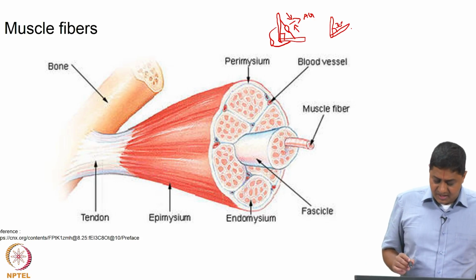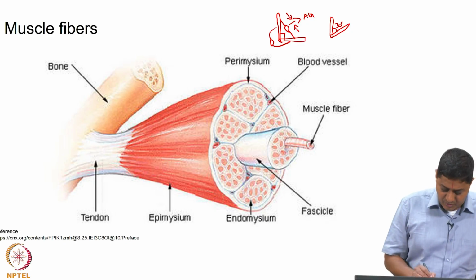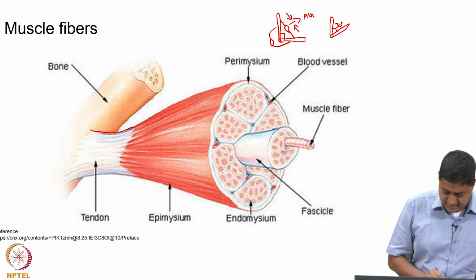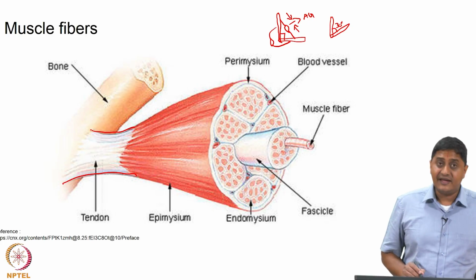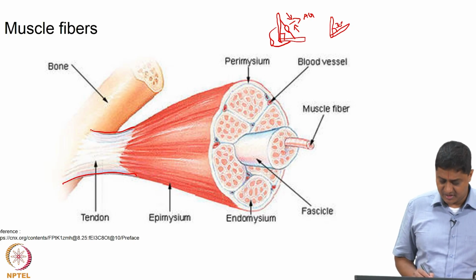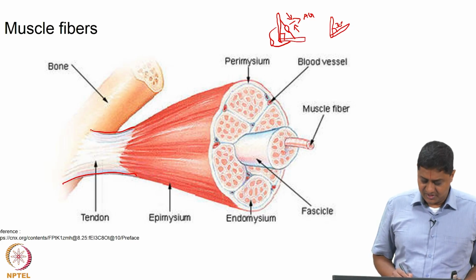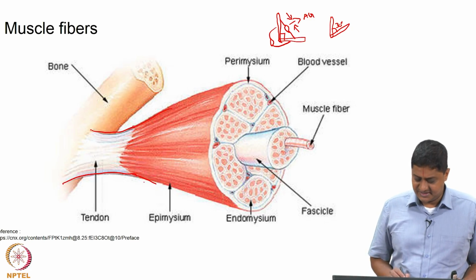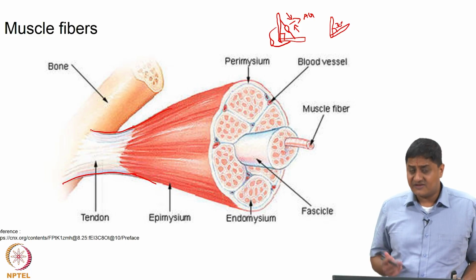A muscle attaches to a bone via what are called tendons. Tendons are basically composed of elastic material, proteins such as collagen and elastin. The muscles themselves are composed of several bundles of fascicles.